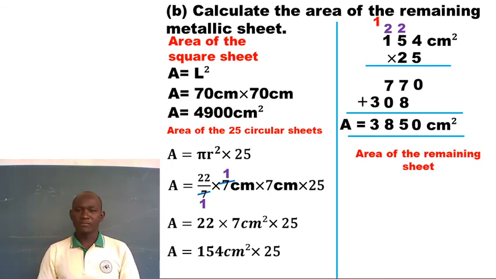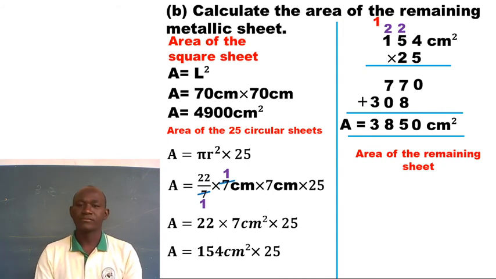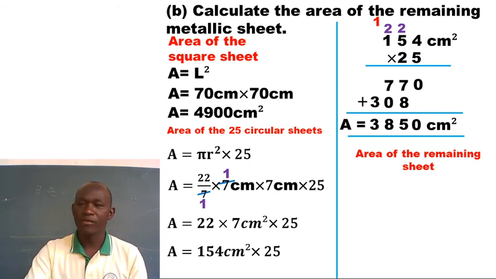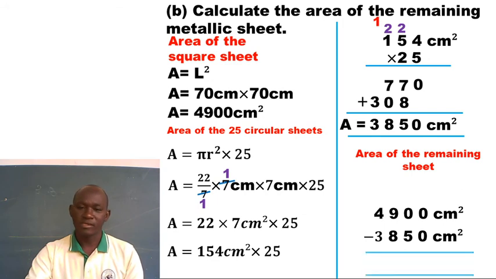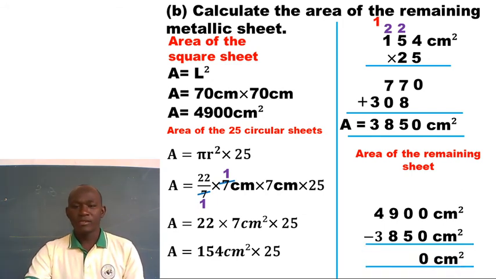Now we want to find the area of the remaining sheet. The area of the remaining sheet will be 4,900 square centimeters take away 3,850 square centimeters. When we carry out the subtraction, the 5 is coming from 10 take away 5 to give us 5.